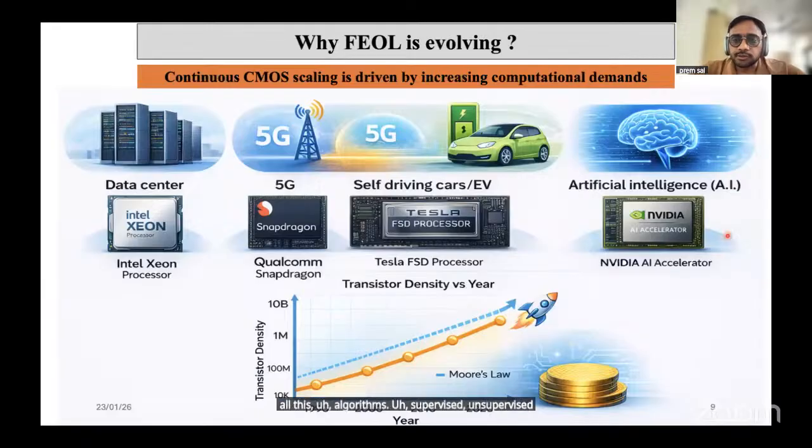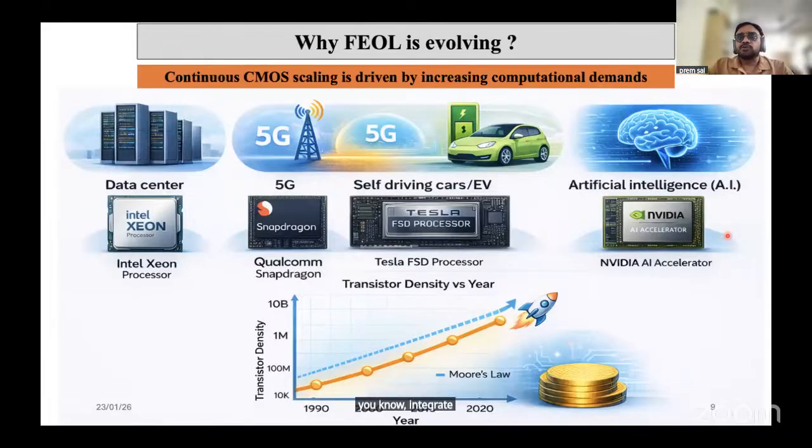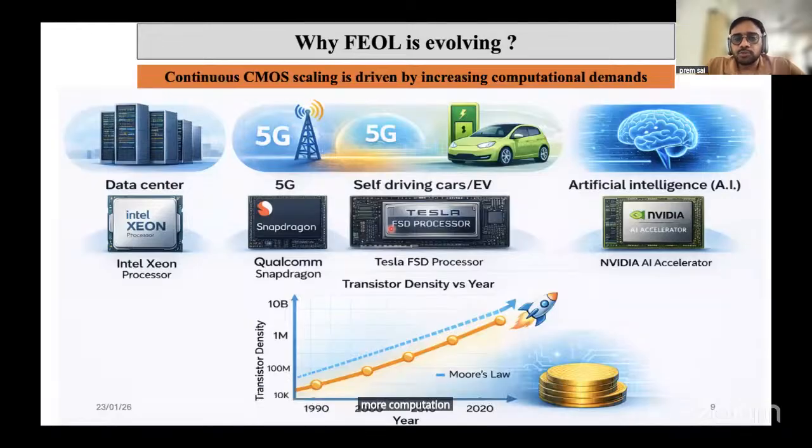They need a lot of computational power, and for that you need to cram more devices into an area. Another application I am seeing nowadays is self-driving cars. Tesla has made its own processor design, a full self-driving processor. For that also you need more computation, so you need to put more devices.